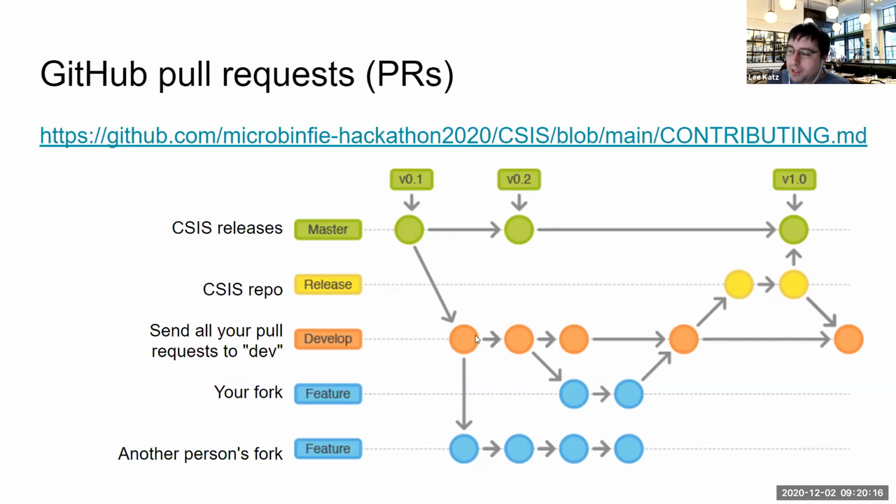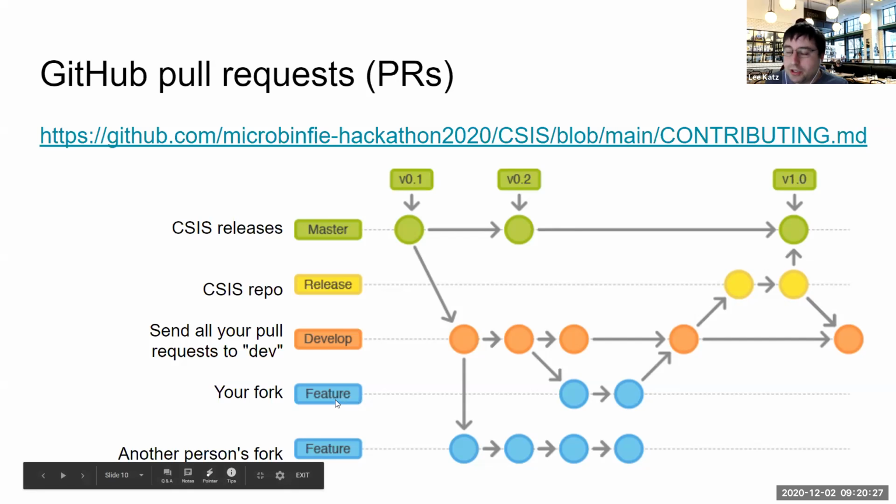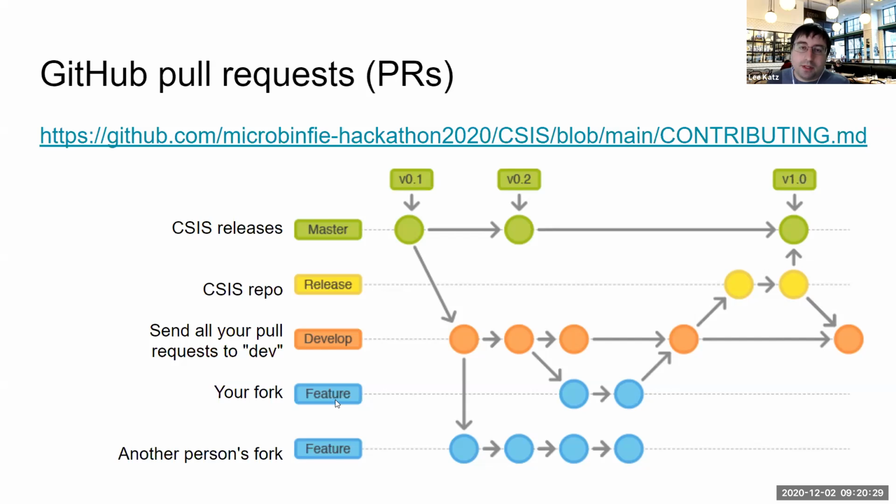But what's gonna happen is you guys don't have access to edit directly. What you're gonna do is fork it over to your repo under your GitHub username. You'll work on your feature, which is called feature, but it's gonna be a set of unit tests. You'll work on that and then you'll send a pull request to our dev branch, and Boas or I will accept those pull requests and merge them in this very ordered fashion. And we can talk about it more. I'm sure that there are lots of questions on that.